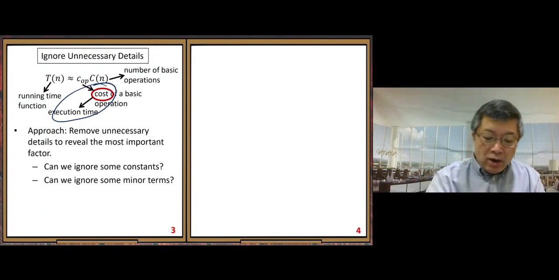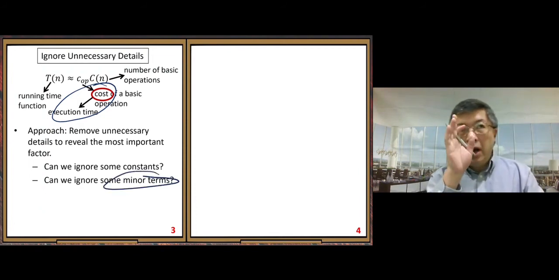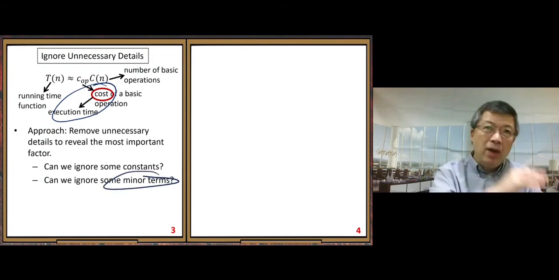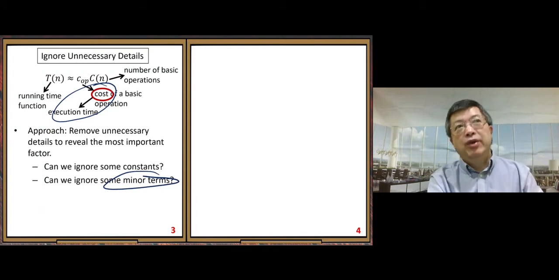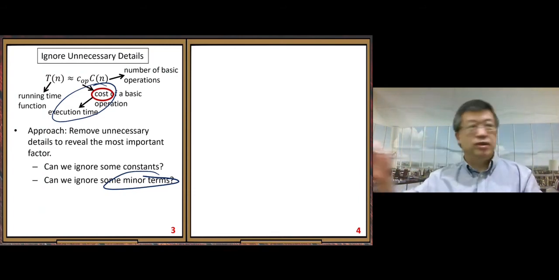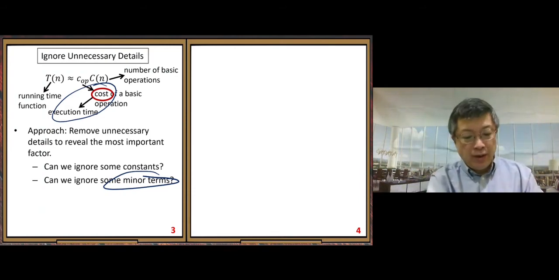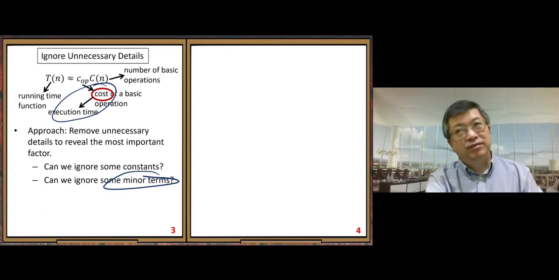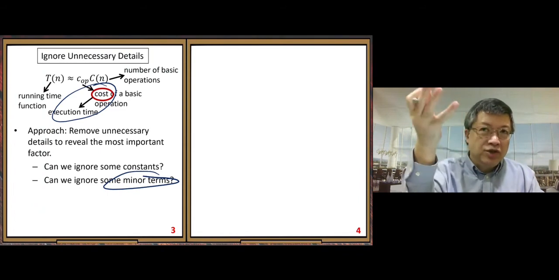So the minor terms are dominated by the dominant term, so we focus on the dominant term, and we can ignore the minor terms. Many minor terms we just ignore. All right, so you can see that kind of unnecessary detail. After we ignore them, we can make the problem simplified.